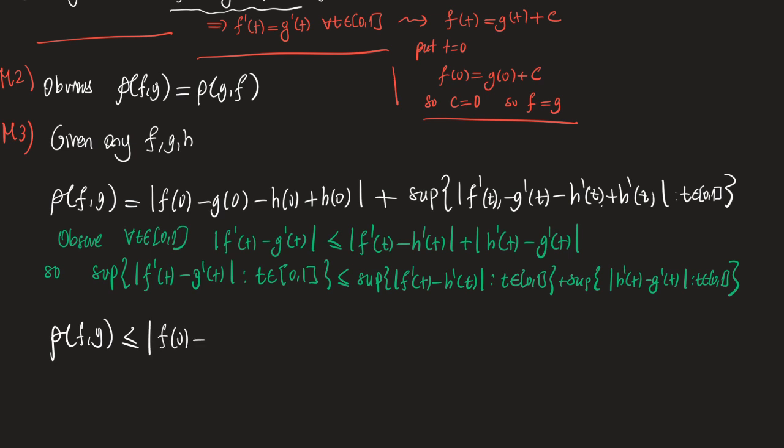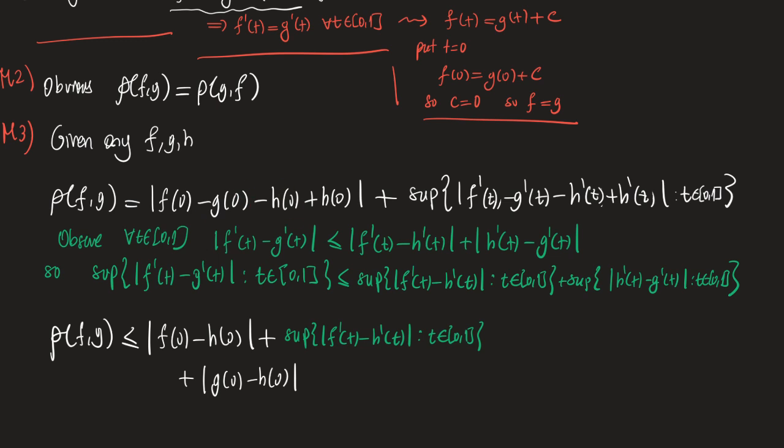f0 minus h0 plus sup. I'm just going to copy and paste because it is a bit too much. F and h, so let me just copy this. Plus sup g0 minus h0. These two things are coming from here, right?